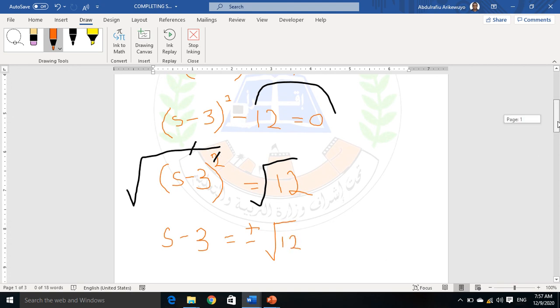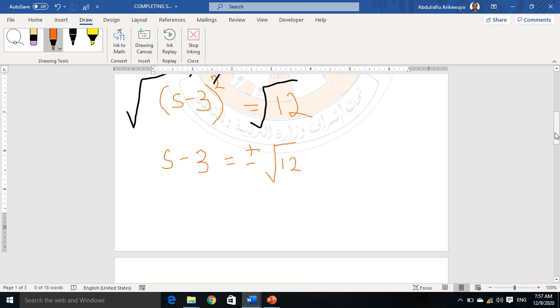Okay, so let's continue. Now we have this. We want to find our s. Remember, in quadratic equation, you have two values. They are called roots. The roots of the equation are always 2, right? So we are going to find s1 and s2, right? So what is the square root of 12? Can you press your calculator to check the square root of 12, right?